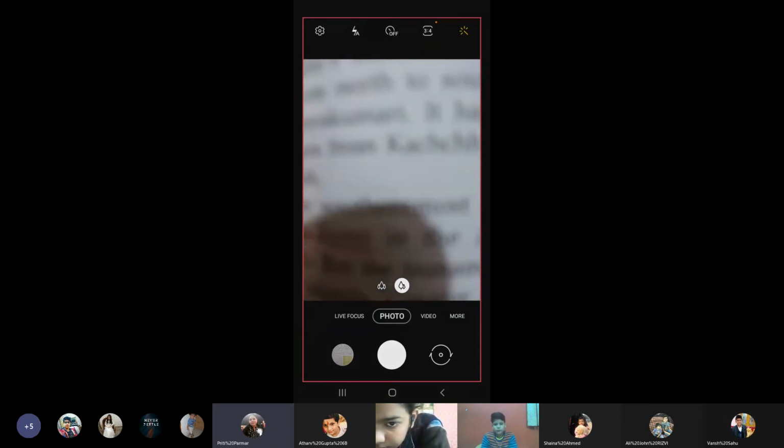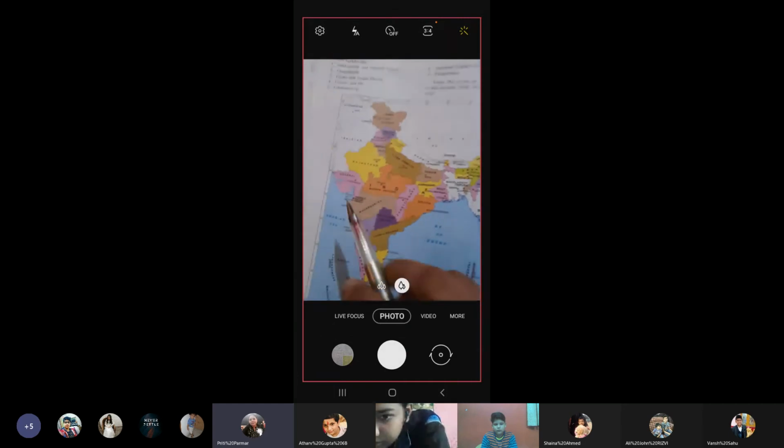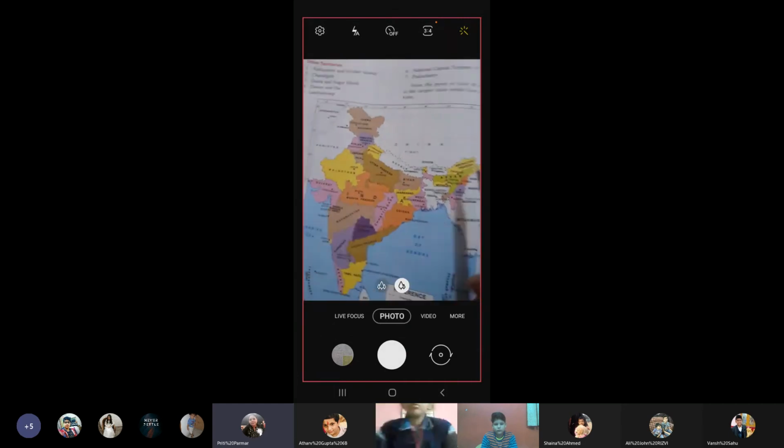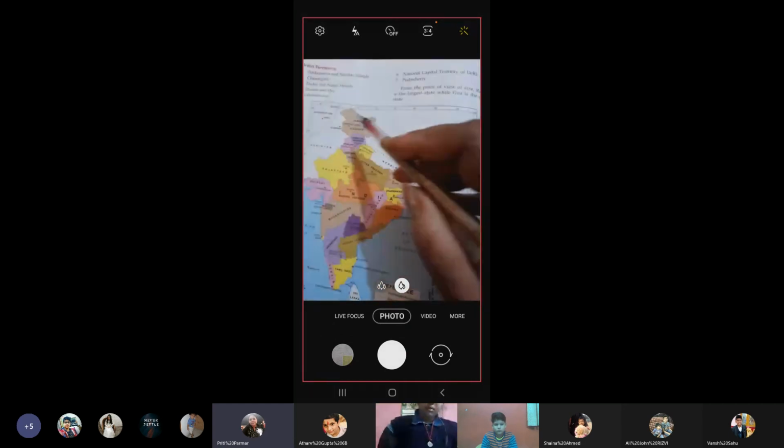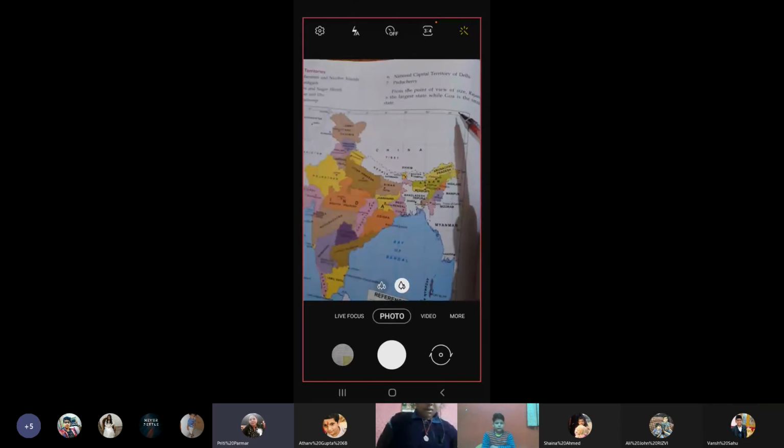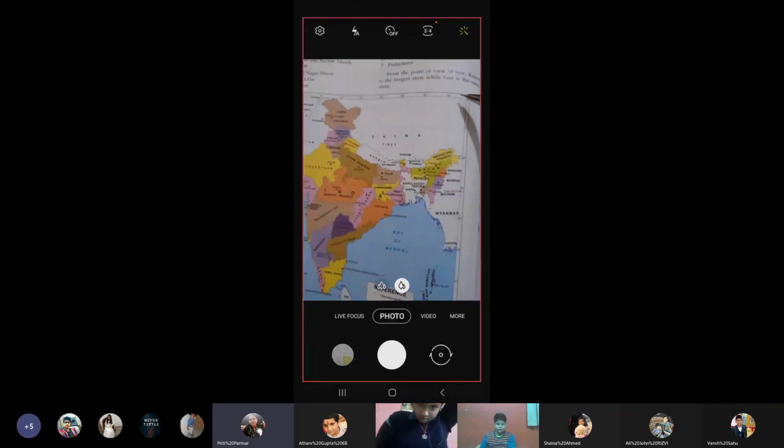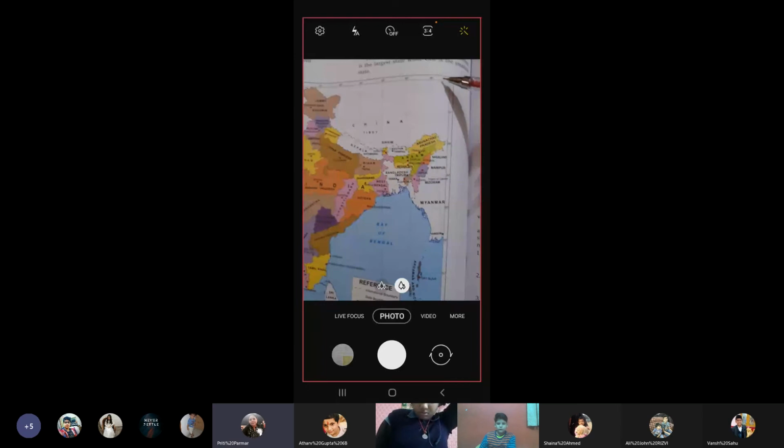Okay, now we have read about the time zone. Let us go into the detail. Now see, from here till here, it is covering a number of longitudes. We know that a 1 degree change in longitude makes a difference of 4 minutes.